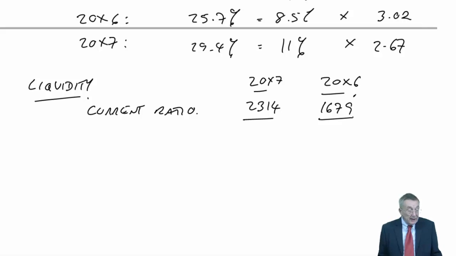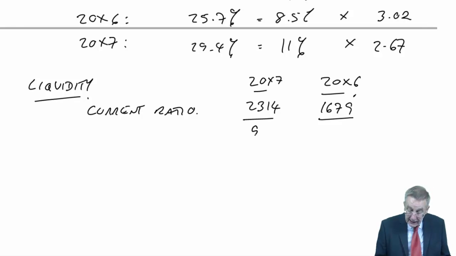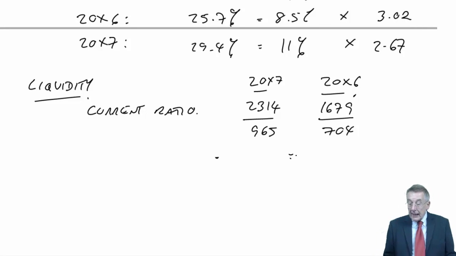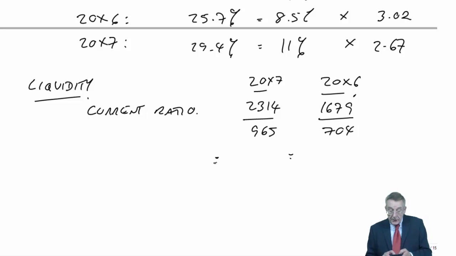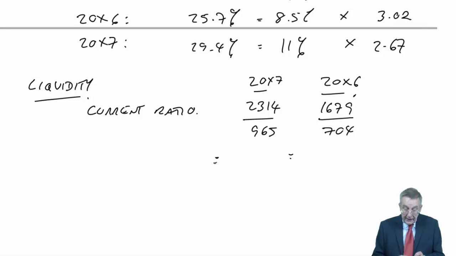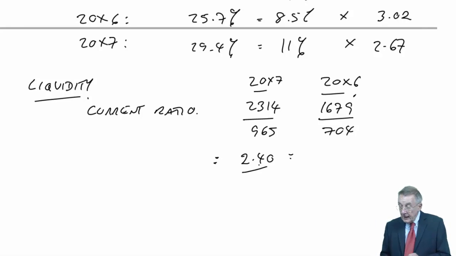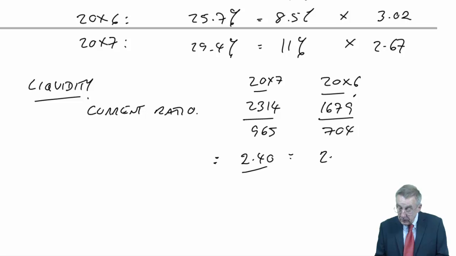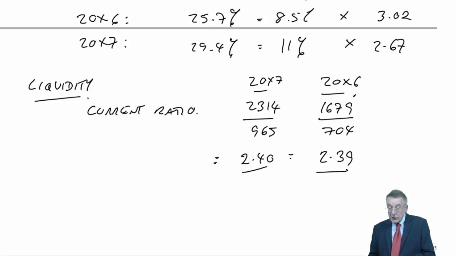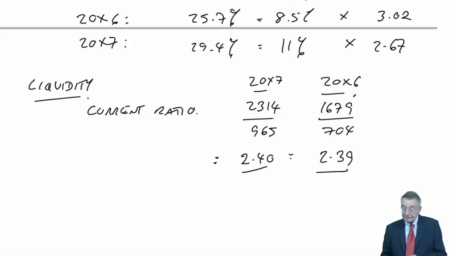Divided by the current liabilities. This year 965, last year 704. And again, this we don't write generally as a percentage, just as a number. So 2314 divided by 965 is 2.40, whereas last year 2.39. So it's changed marginally, but it's minimal.